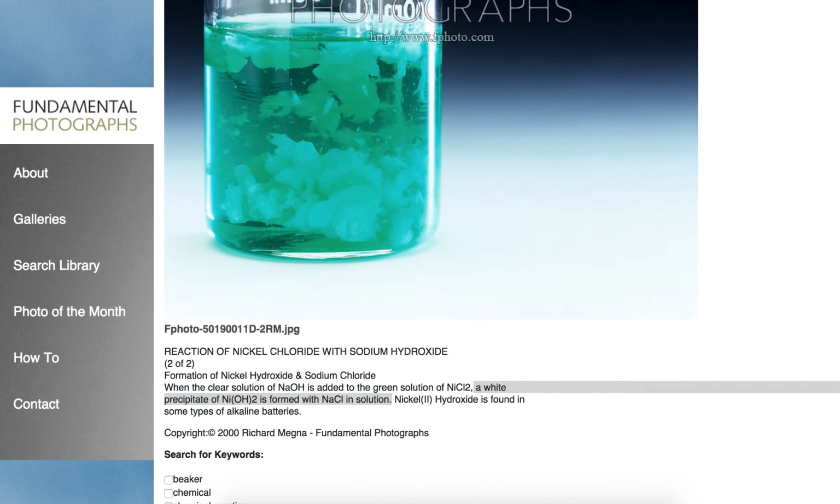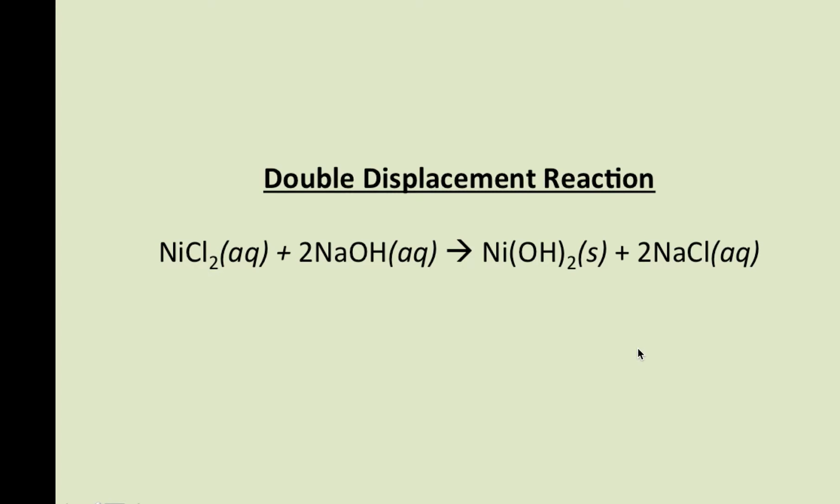Okay, so the reaction we did occurred according to the following balanced chemical equation. Here we can see that 1 mole of aqueous nickel chloride reacted with 2 moles of aqueous sodium hydroxide to produce 1 mole of solid nickel hydroxide and 2 moles of aqueous sodium chloride.